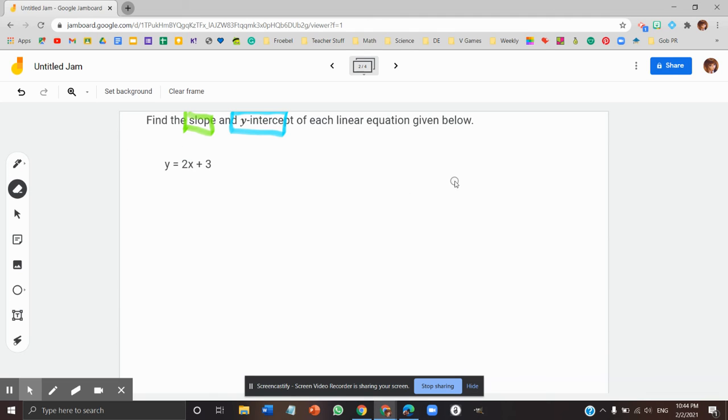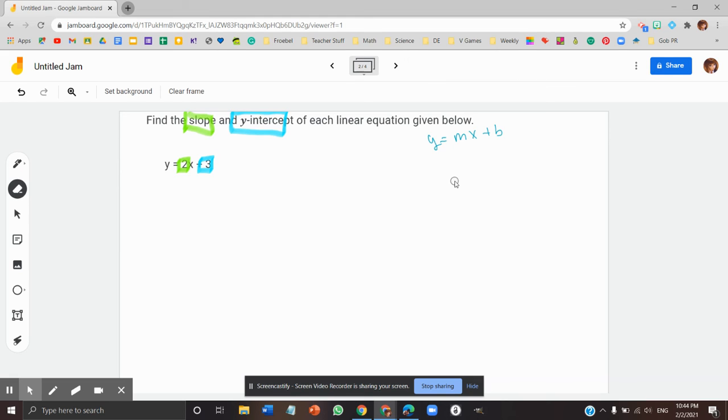So in this example, we have y equals 2x plus 3. And I already told you like 100 times, and I'm going to keep saying it. My slope form is y equals mx plus b. Therefore, I could say that my slope is going to be that number 2 right there. And my y-intercept is going to be that constant number, that 3 over there.